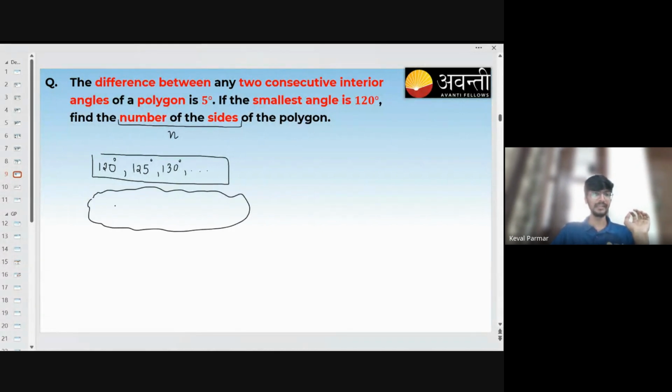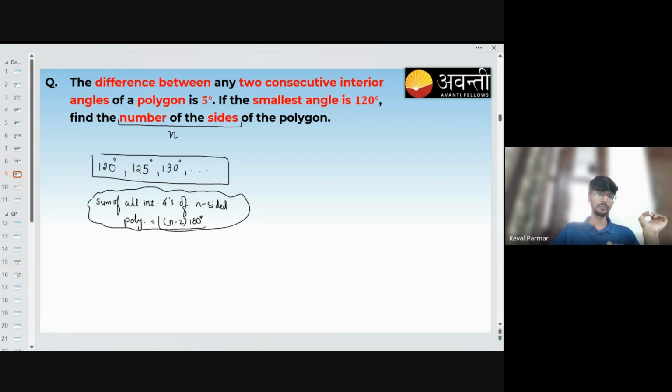If we have an n-sided polygon, then the sum of all interior angles of an n-sided polygon is equal to n minus 2 into 180 degrees.